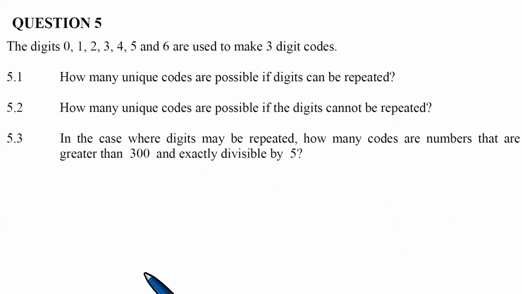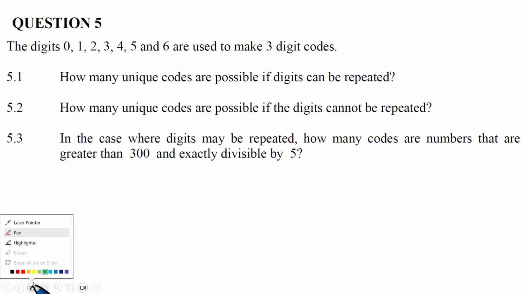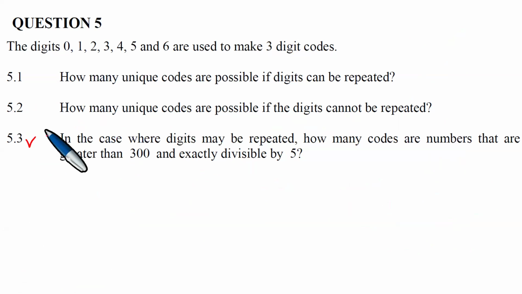Now, if you look at the next one, 5.3: in the case where digits may be repeated, how many codes are numbers that are greater than 300 and exactly divisible by 5? Greater than 300 and exactly divisible by 5.